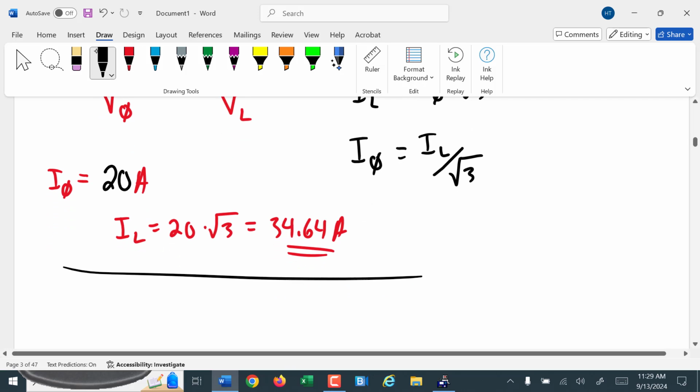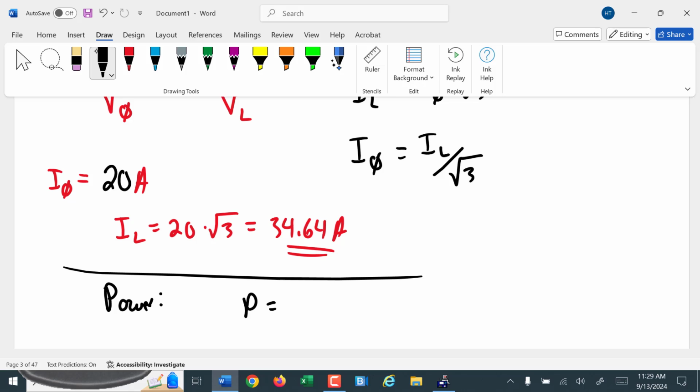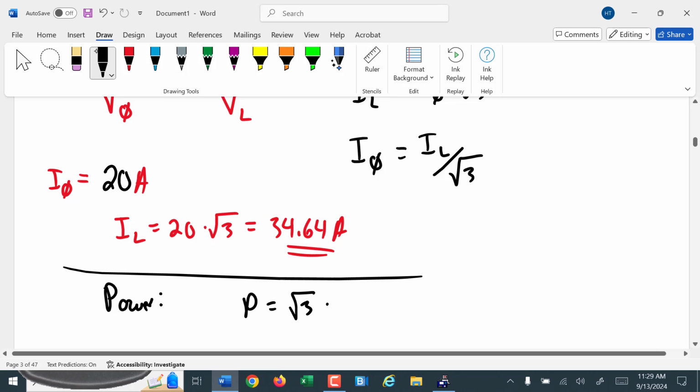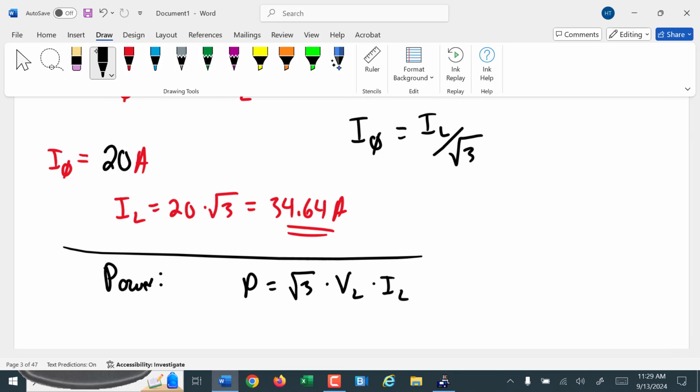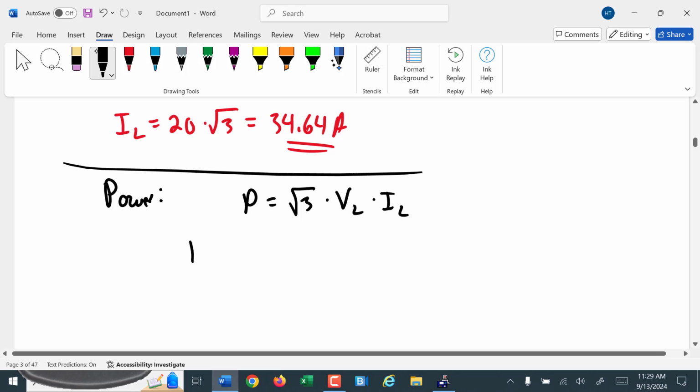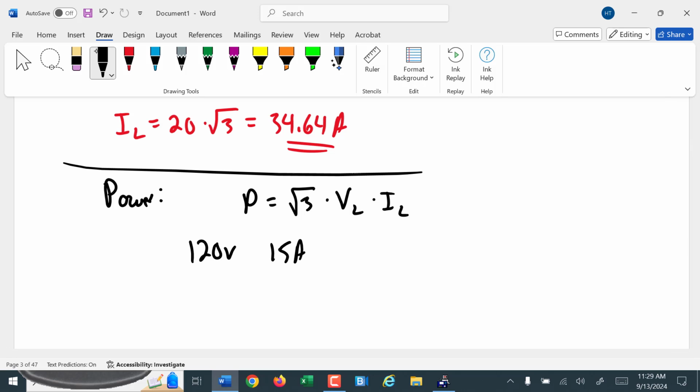So because of this, to figure out your power, the power is the square root of 3 times your line voltage times your line current. So if we have 120 volts drawing 15 amps, our power is the square root of 3 times the 120 times the 15.